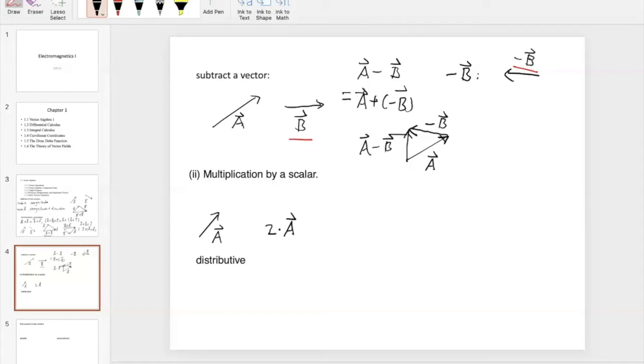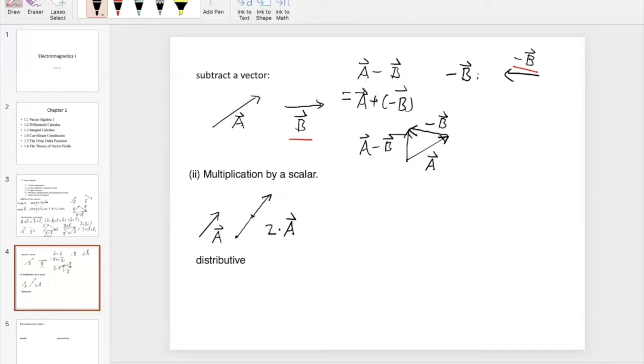You will have a new vector which has the same direction as the previous vector, but the magnitude will be multiplied by this scalar. Now the scalar is 2. You will have 2 times the magnitude. That's 2 times A, because the magnitude is doubled, but the direction is the same.